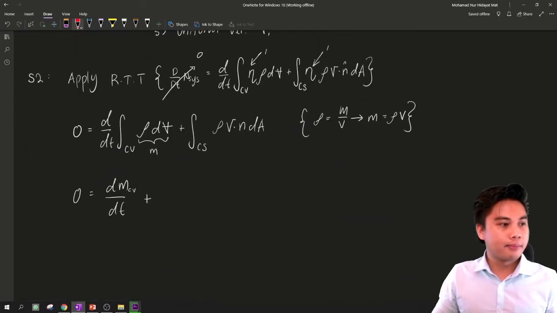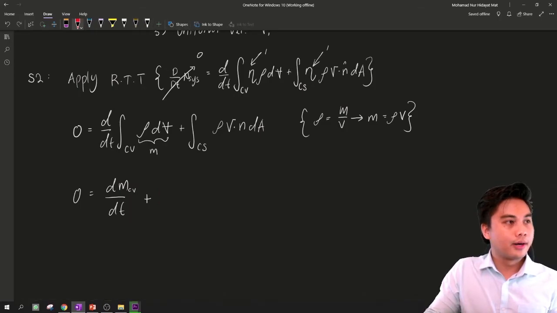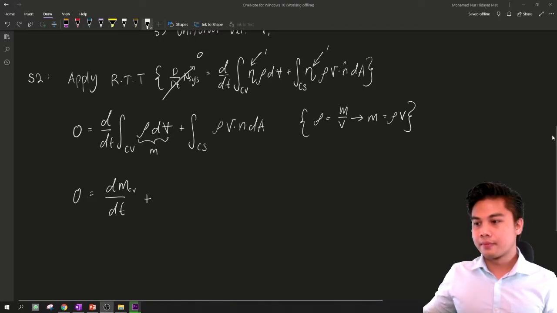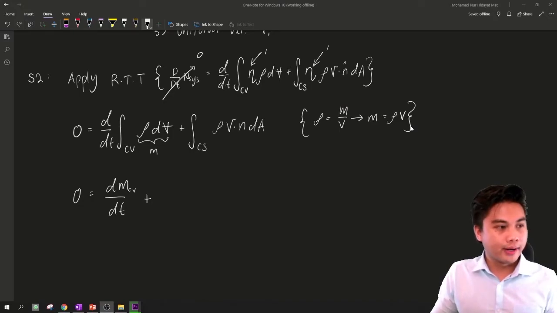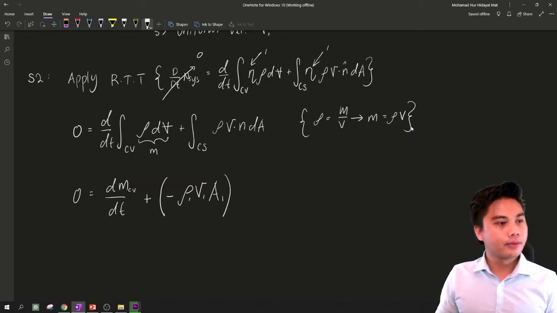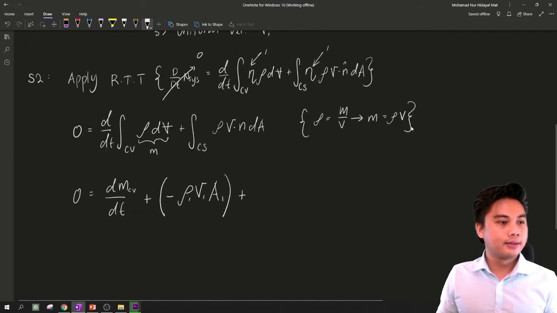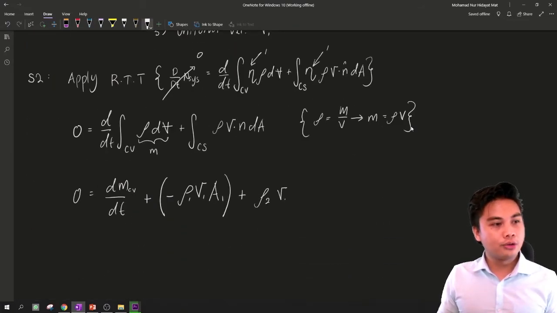So we can replace this with brackets: negative rho 1, velocity 1, n is a unit vector which is equal to 1, area 1, plus point number 2, which is plus n, so rho 2 v2 A2.